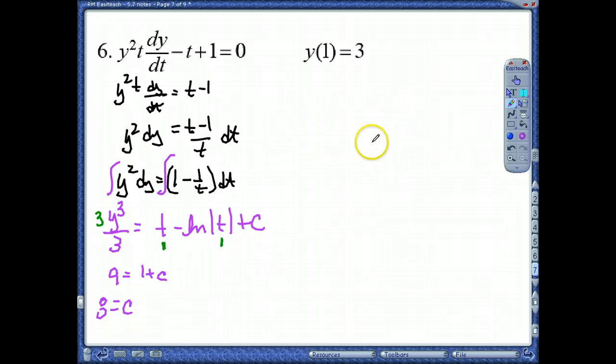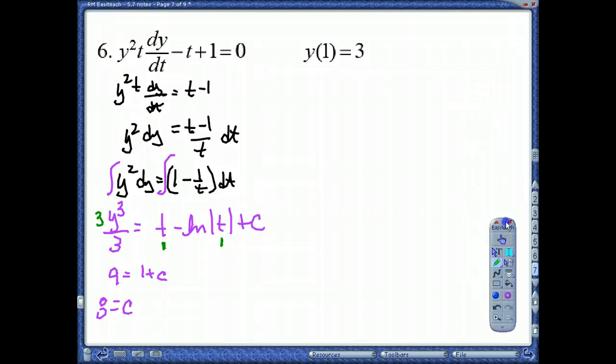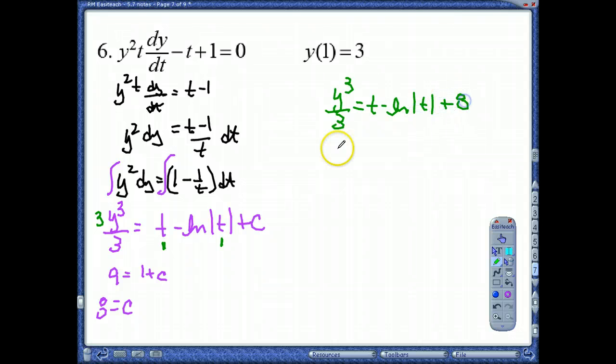And then I'm going to plug that back into my equation. So that was y to the third over 3 equals t minus the natural log of the absolute value of t plus 8. I'm going to multiply everything through by 3.